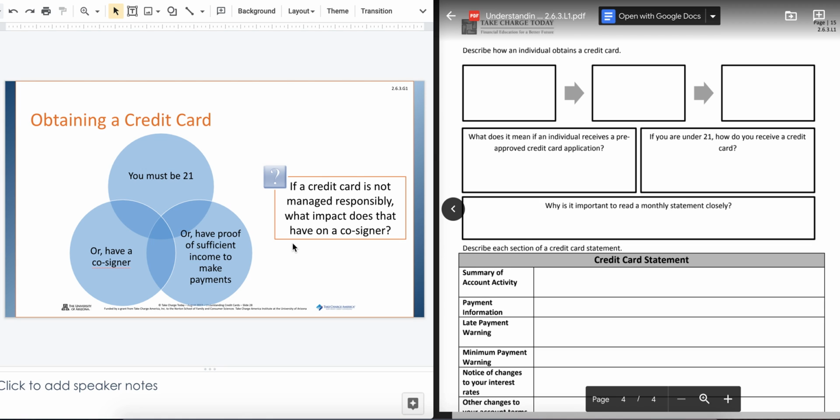Lastly, you could also qualify for a credit card if you have proof that you make enough income. So pay stubs or bank statements proving that you make a considerable amount of money, that your expenses are less than the amount of money that you actually make, showing that you are able to afford those monthly payments if you were to have them.